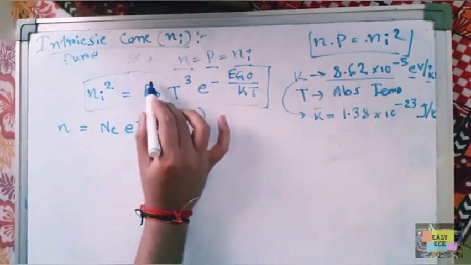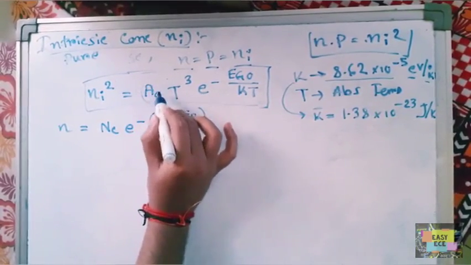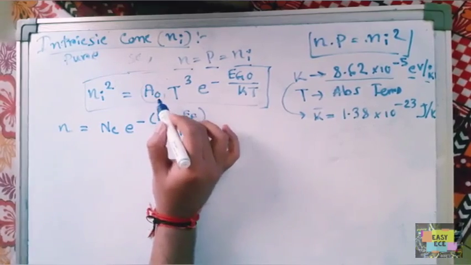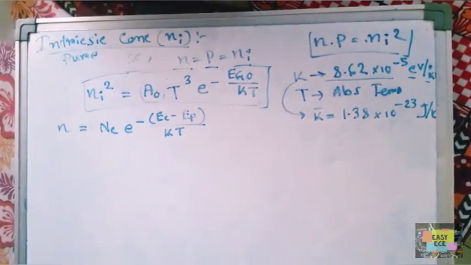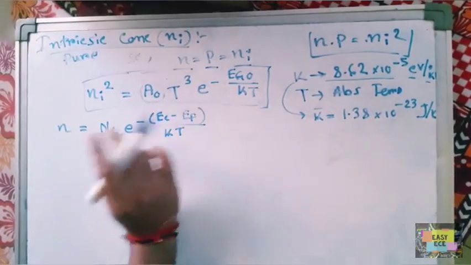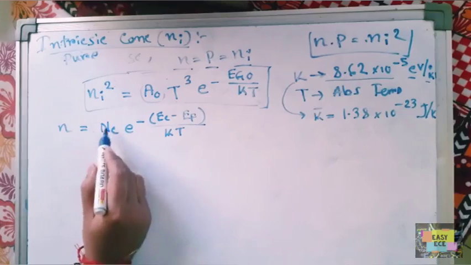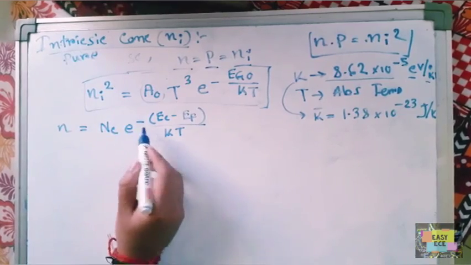One point is, what is A naught? A naught is a material constant, and it is independent of temperature. So now this is n. Nc is a constant term, exponential to the power minus Ec.